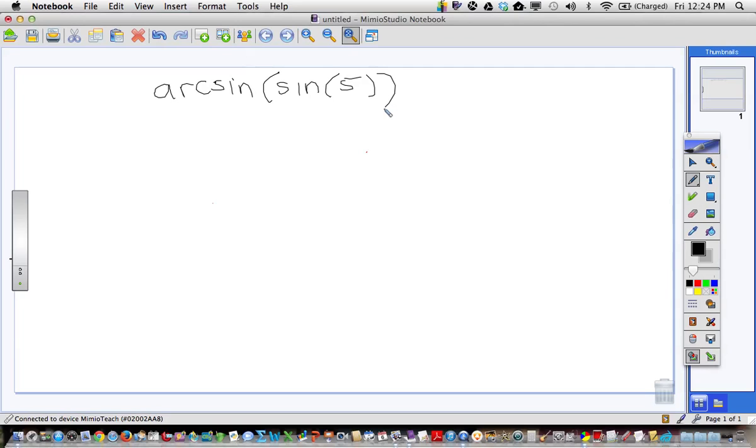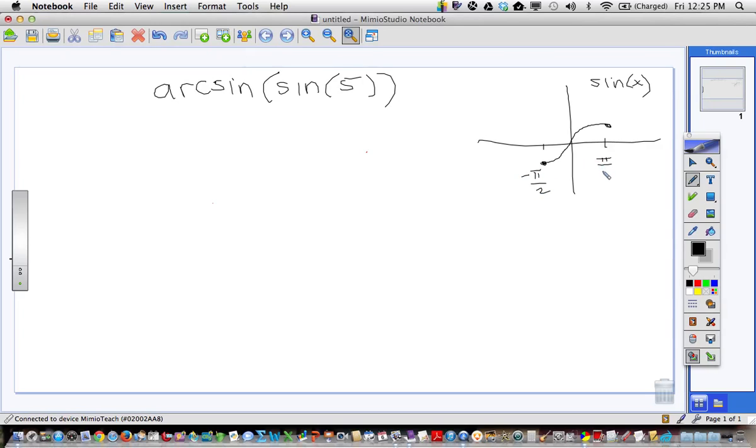So we restricted sine's input. If I was to draw the sine graph here, we said we need to restrict it from -pi/2 to pi/2, right, for its inputs.